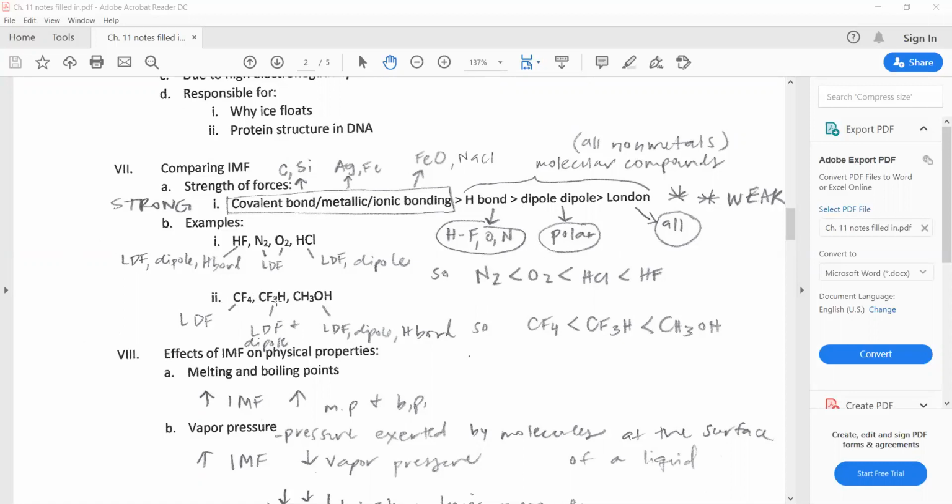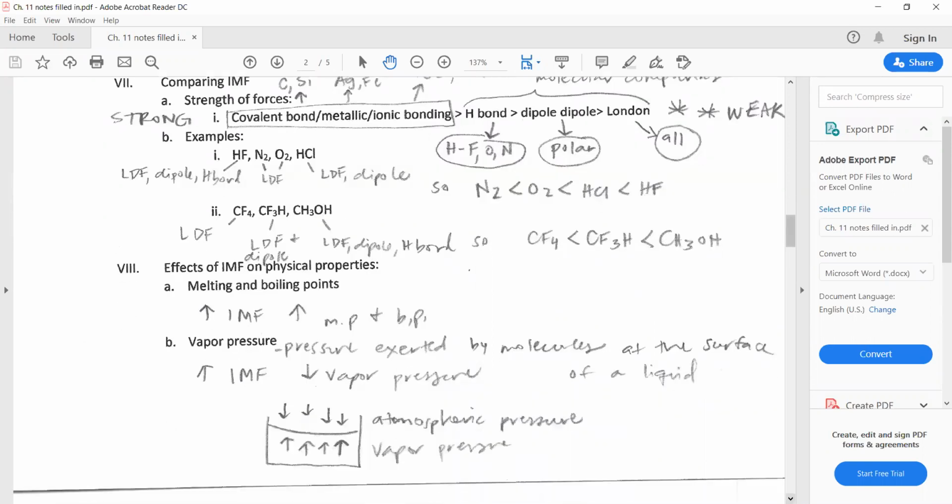That means it is polar because it doesn't have the same surrounding atoms. So it has London dispersion and dipole. And then CH3OH has London dispersion, dipole, and hydrogen bond because it has that H directly attached to the O. So here you can automatically put the hydrogen bond one way up ahead. Next, the dipole-dipole one. And lastly, the weakest would be the one with only London dispersion.